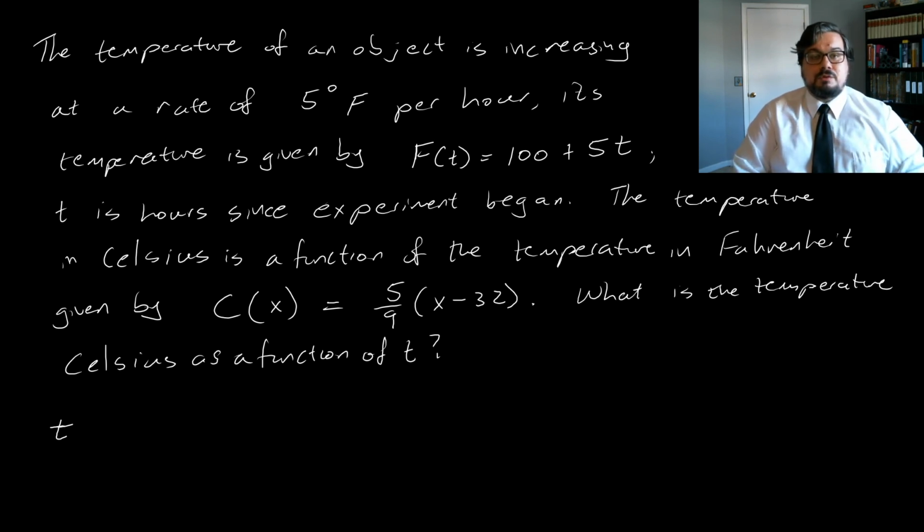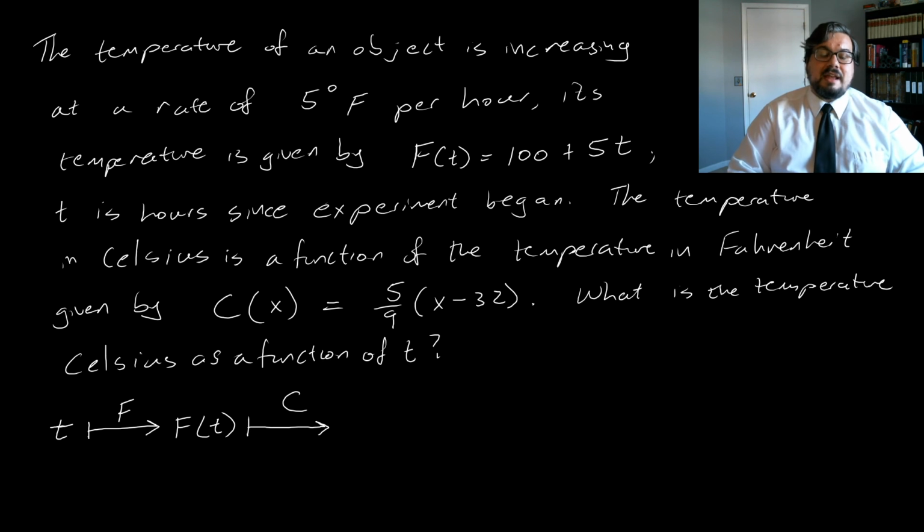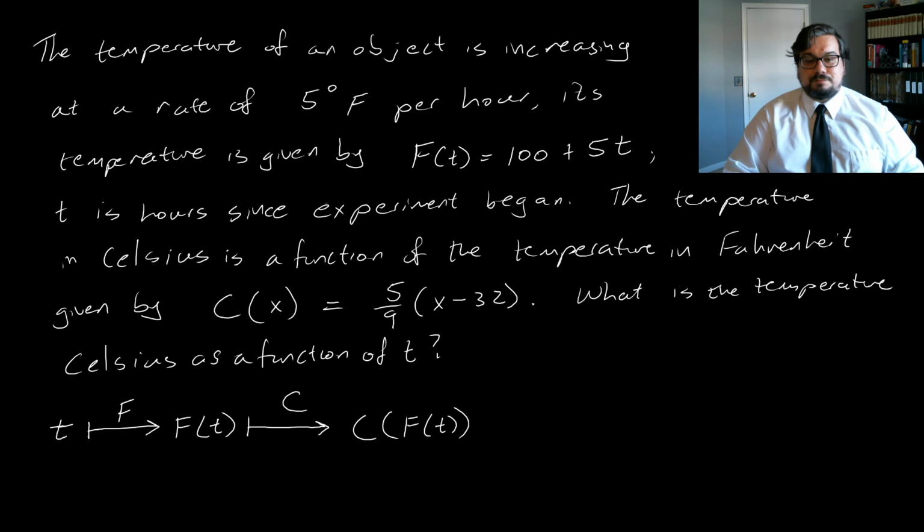Well, I would go through two steps. I would take the time and find the temperature as a temperature Fahrenheit. So that's what the function f does. It takes a time, gives me a temperature. But that temperature is in Fahrenheit, and so then I would apply the function C, which would give me the Celsius degree measure of that Fahrenheit temperature.